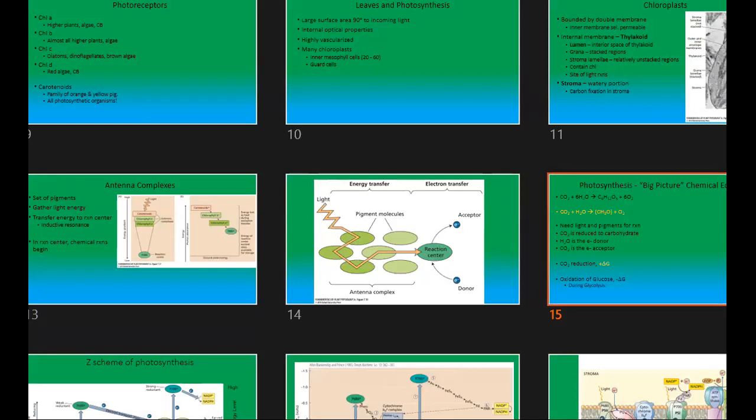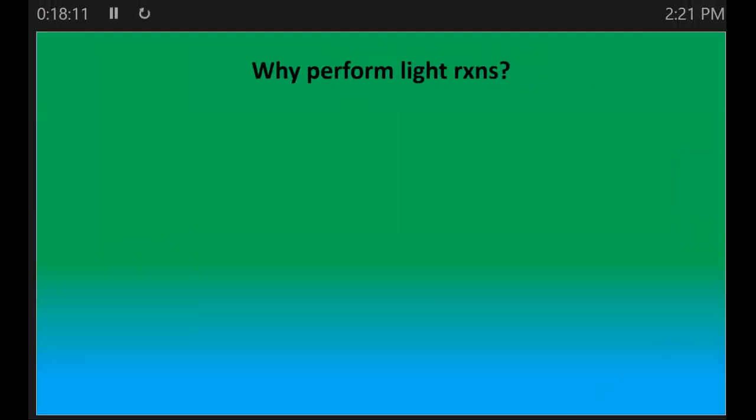All right, so when you look at it from the plant's perspective and you ask why is the plant doing this, that big picture equation had oxygen as one of the products. We like that from our perspective. That's one of the great objectives, that it gives us oxygen to breathe, but that's not why the plant is doing it. They don't care about us in that regard. It is to get these two molecules.